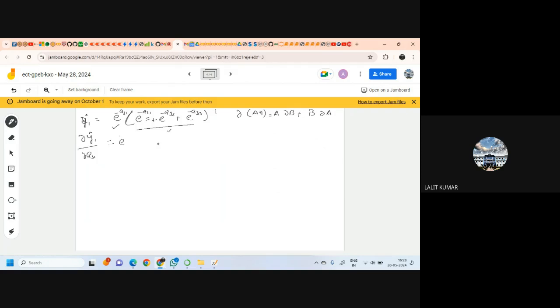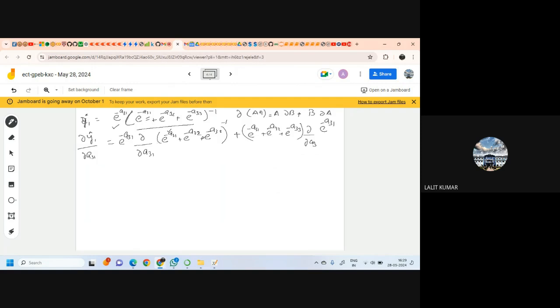So this will become e to power minus a31 into del of del a31 of (e to power minus a31 plus e to power minus a32 plus e to power minus a33) to the power minus 1, plus (e to power minus a31 plus e to power minus a32 plus e to power minus a33) to the power minus 1 into del of del a31 e to power minus a31.